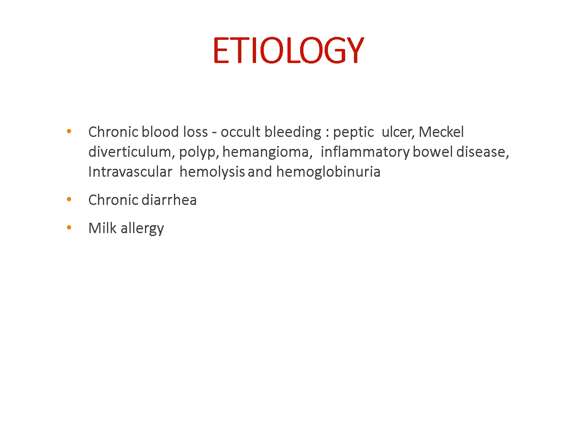Chronic blood loss in the form of occult bleeding, as in the case of peptic ulcer, Meckel's diverticulum, polyp, hemangioma, inflammatory bowel disease, intravascular hemolysis and hemoglobinuria, chronic diarrhea, and milk allergy.